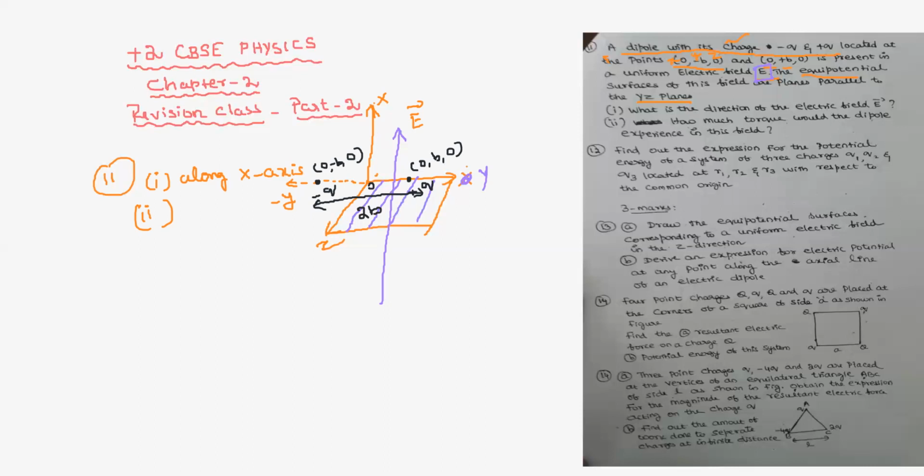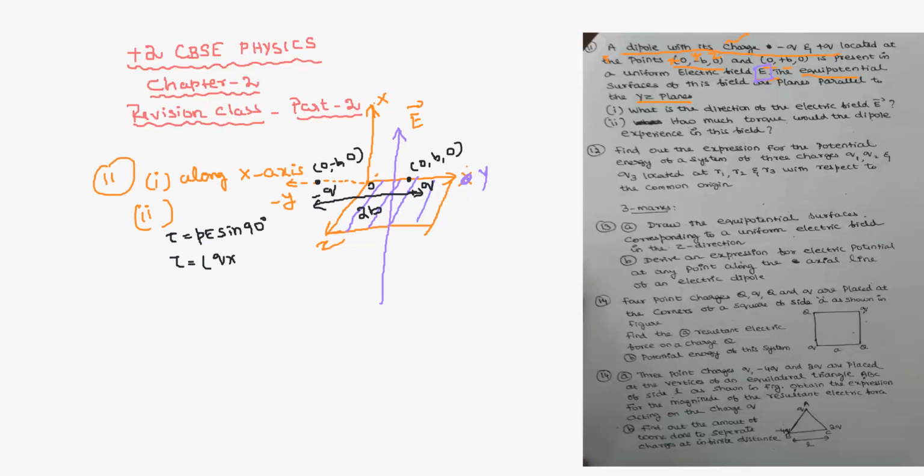Therefore, they're asking only for torque. The torque on the dipole formula is P E sine theta. Now theta is 90 degrees, because the dipole is placed perpendicular to the electric field. What is P? P is q into the distance between the two charges, q into 2a. Here it is 2b.